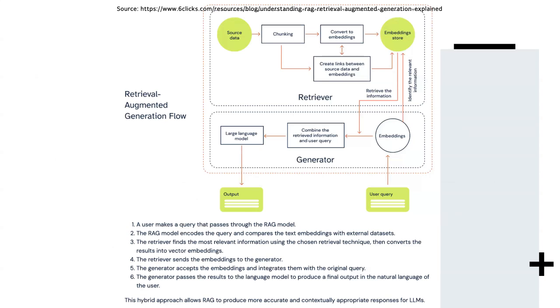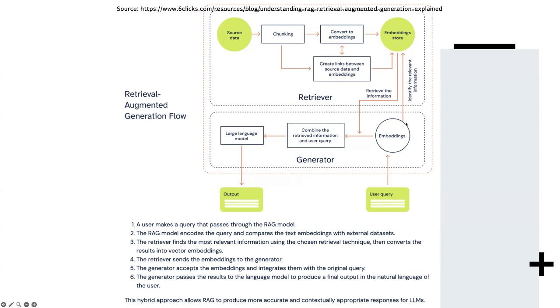So this is another flowchart of RAG. This is the user query. When it goes here, it goes to the embedding store. And this is our source data. It becomes chunks and is converted into embeddings to be stored in the embedding store or vector DB.